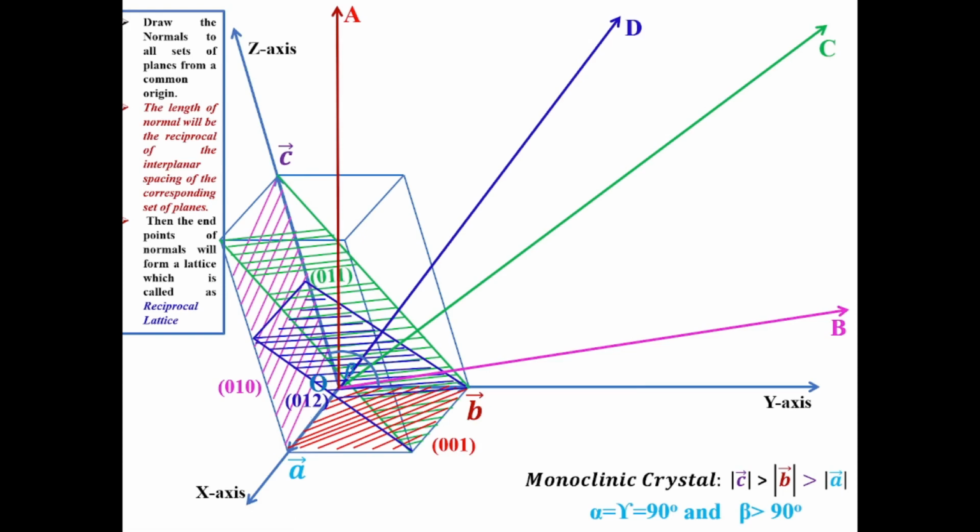Okay, see here the red color normal is perpendicular to the red color plane, and here the green color is perpendicular to the green color plane, and here the pink color is perpendicular to the pink plane. Like this you just consider. Here you can see this is the perpendicular, this is the perpendicular to the green color, and this one is perpendicular to this plane.